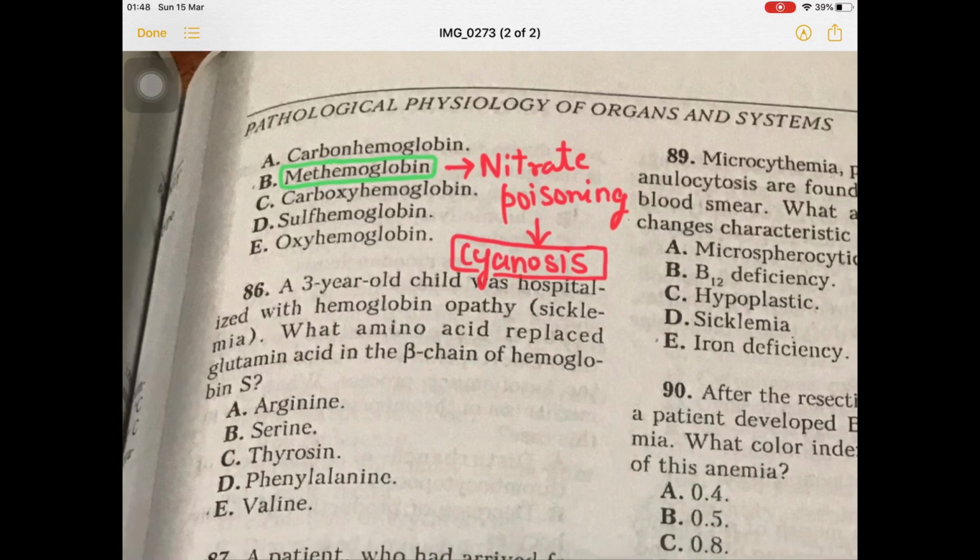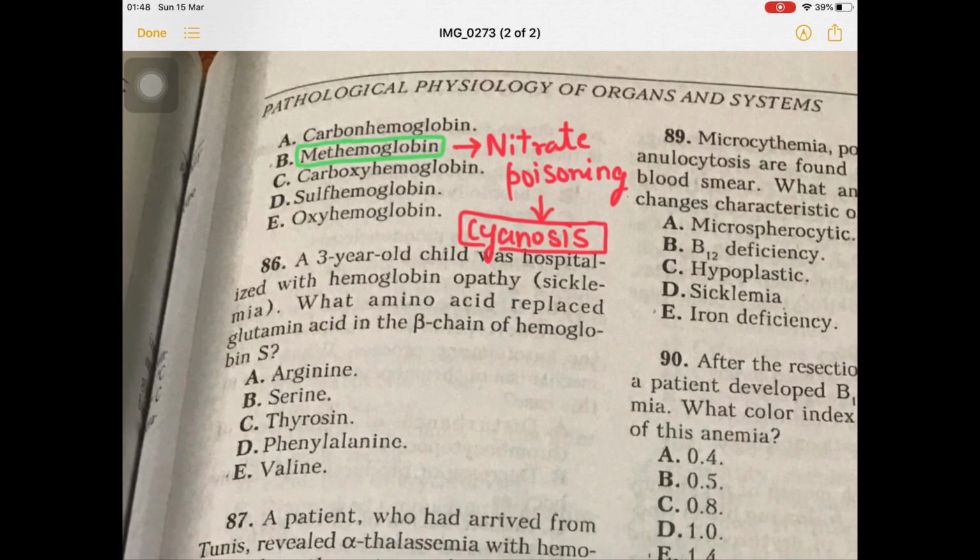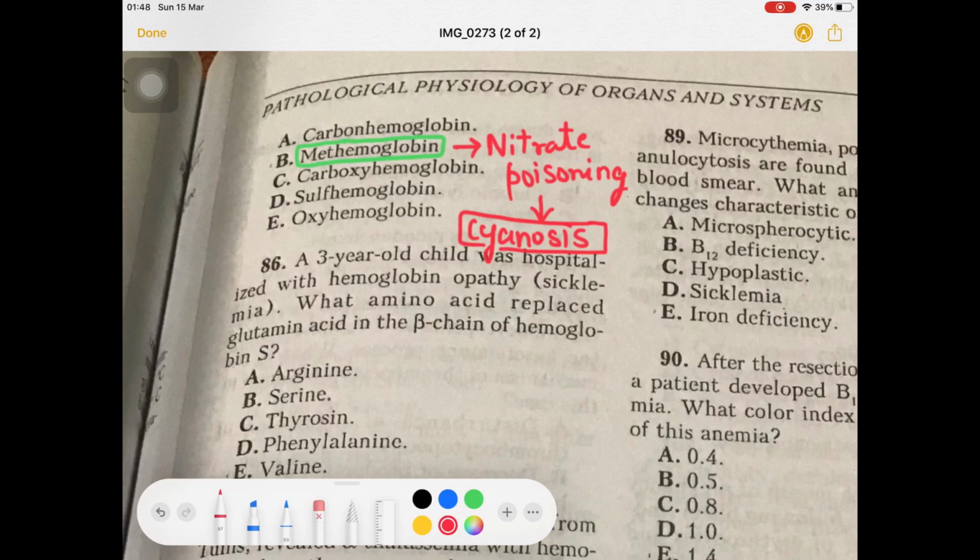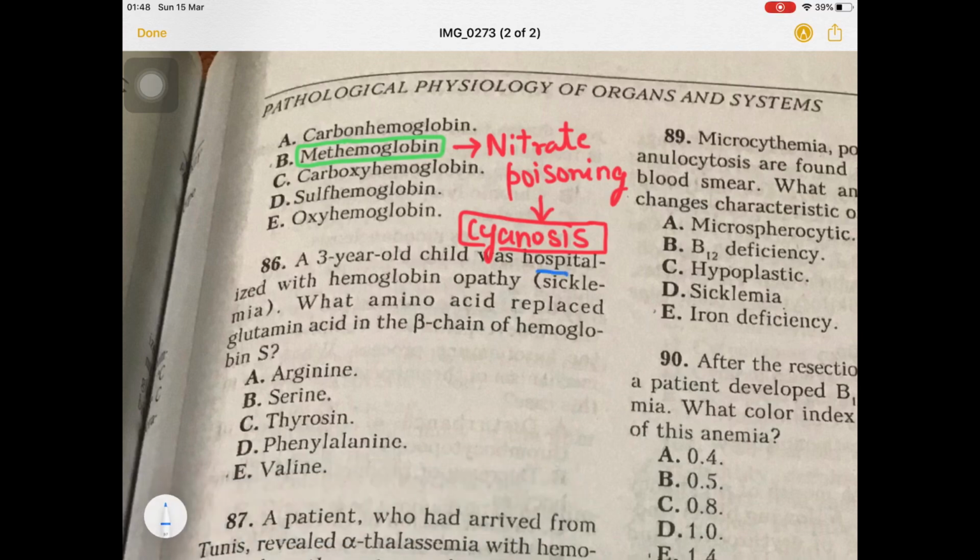Now let's talk about question number 86. In question number 86, as you can clearly see, they are mentioning sickle cell anemia, right? About sickle cell anemia, you already know that there is a substitution of glutamic acid by valine, right?